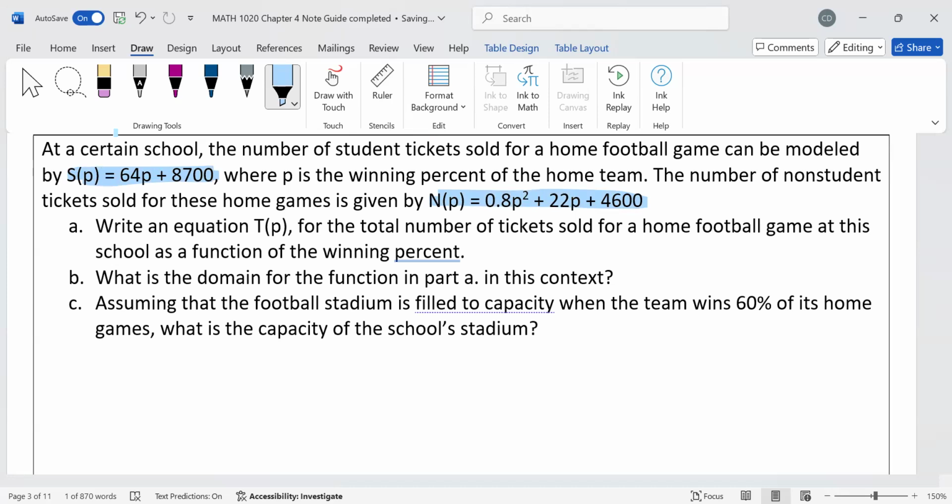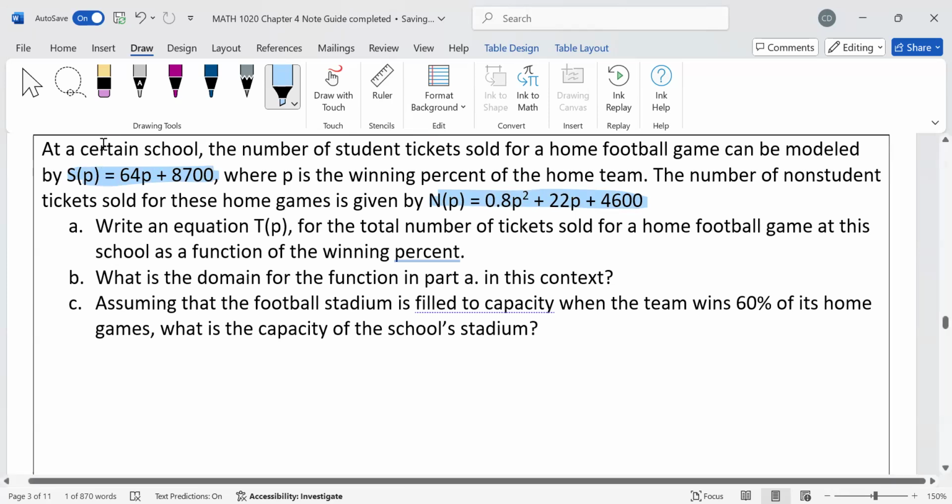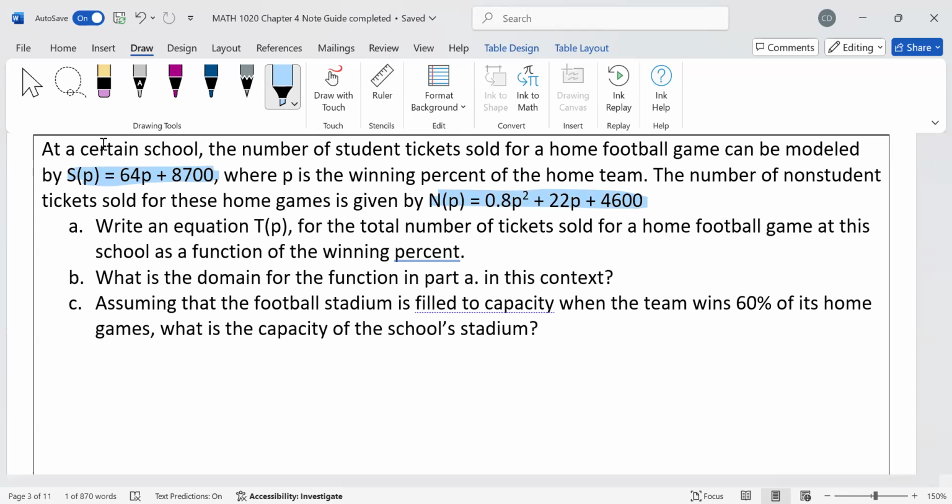Write an equation T of P for the total number of tickets sold for a home football game as a function of the winning percent. So the total number of tickets sold would be the student tickets plus the non-student tickets.